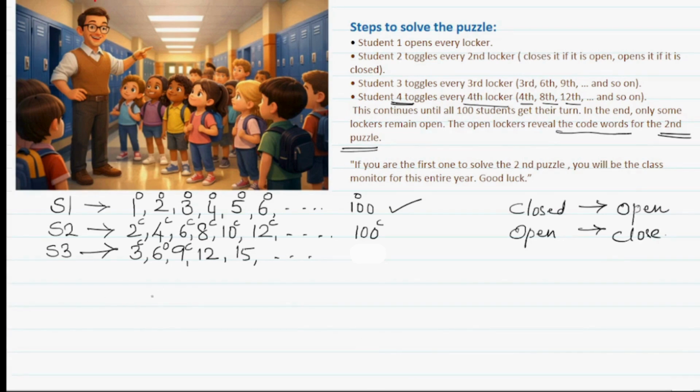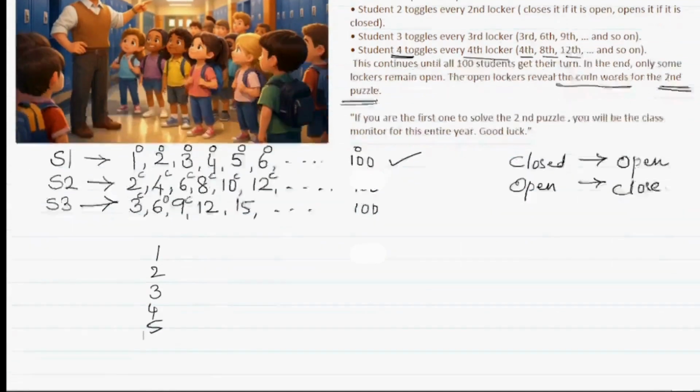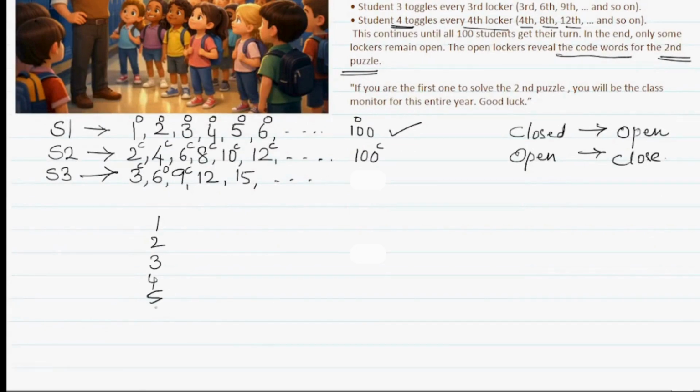The student numbers are 1, 2, 3, 4, up to 100, and these are the lockers that they are touching, the locker numbers.